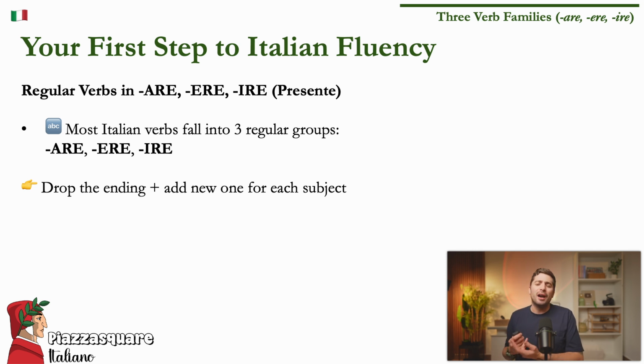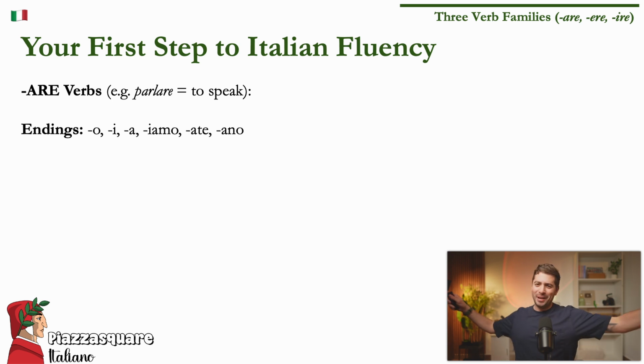These families are are, ere, and ire. To use these verbs, you do two things. First, drop the ending. Are, ere, ire. You drop it. Second, add the correct new ending based on who is doing the action. Let's see it in action.